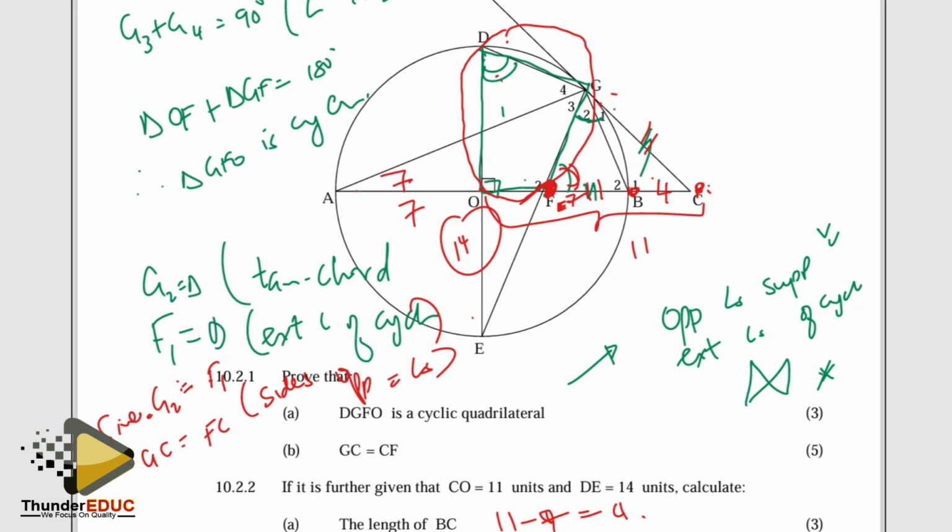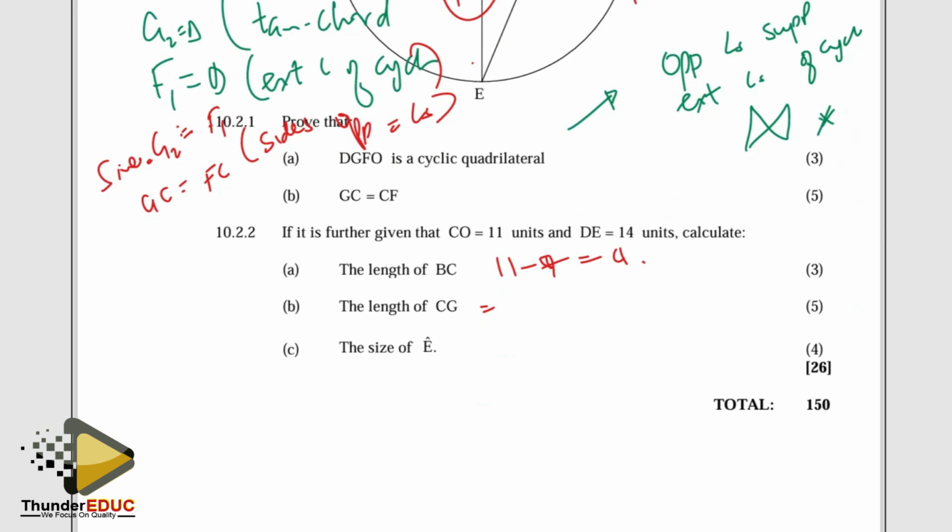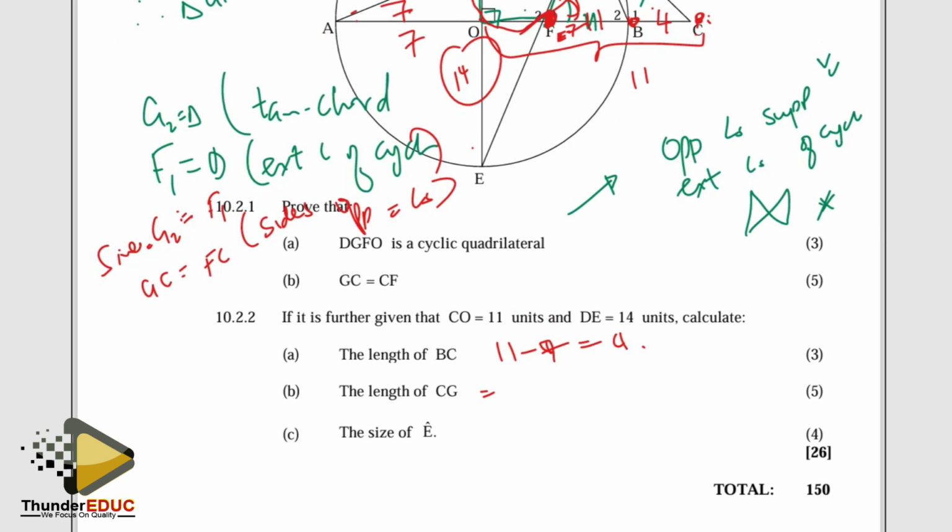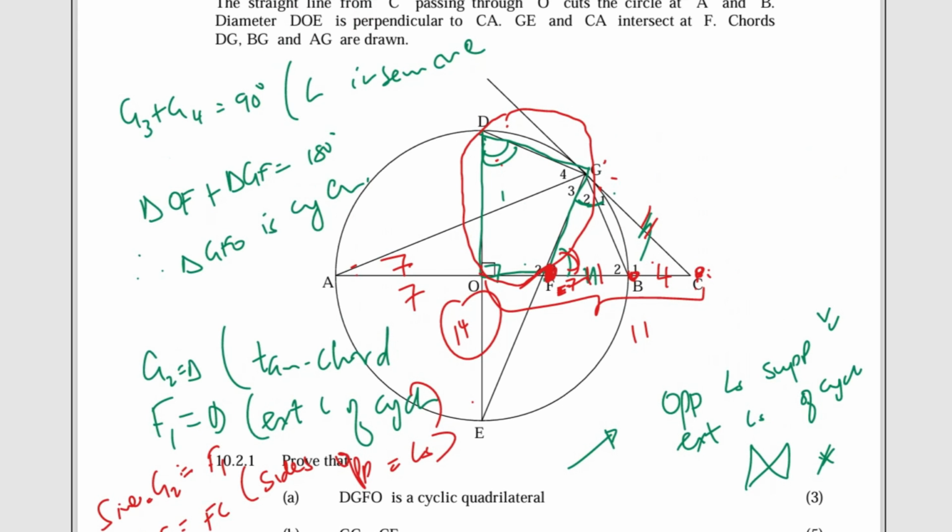So I need to prove that triangle CGB is similar to triangle CAG. If I can prove that the two triangles are similar, then I can go ahead and compare. So that is how you're going to go about that. And then the size of E, we can use Pythagoras, I guess. Size of E.